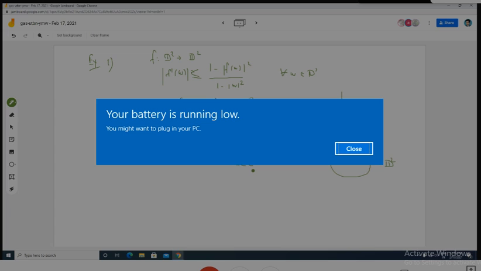Okay, so with these couple of exercises, I can stop this Schwartz lemma. And now I am coming to the last part of your syllabus, to discuss the singularities of a holomorphic function.